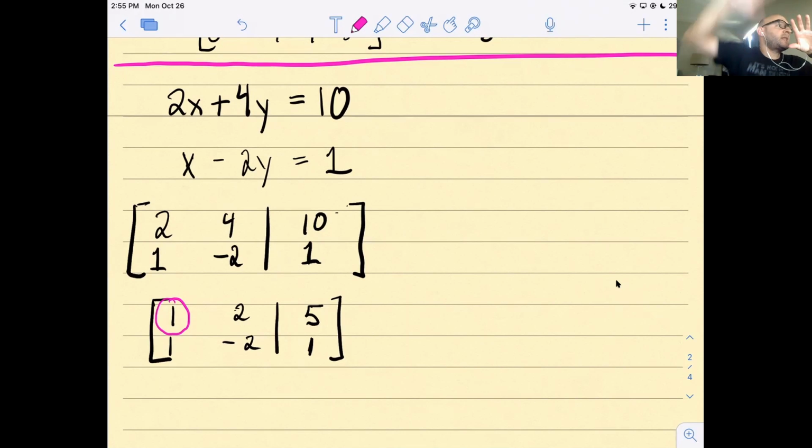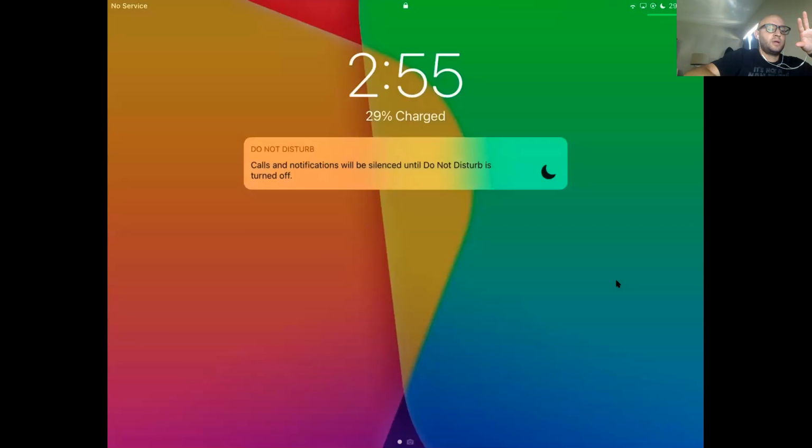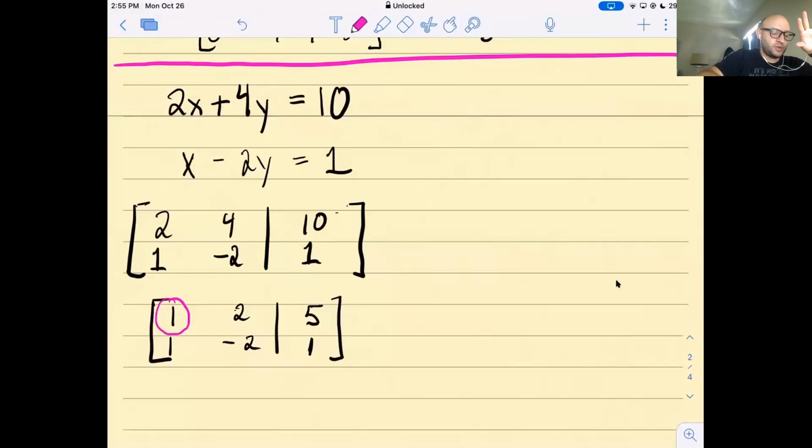So the thing is the last column, you never try to worry about controlling what's in the last column. It just follows all the steps that you do with the first 2 columns to try to get that pattern 1, 0, 0, 1.